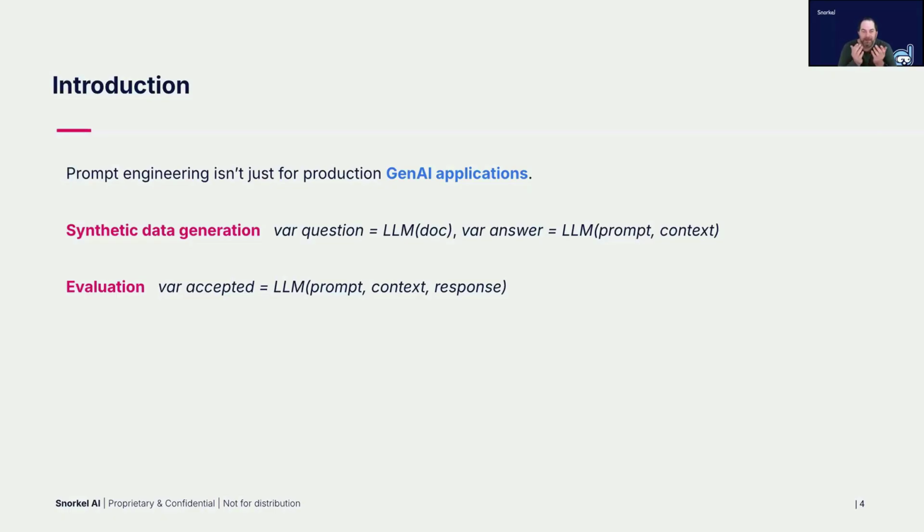I can't speak for everyone, but for myself, I instinctively think of prompt engineering as a practice for improving production Gen AI apps. If you're building AI co-pilots or AI assistants, we're going to want to incorporate some degree of prompt engineering to make sure that the users are getting great answers back.